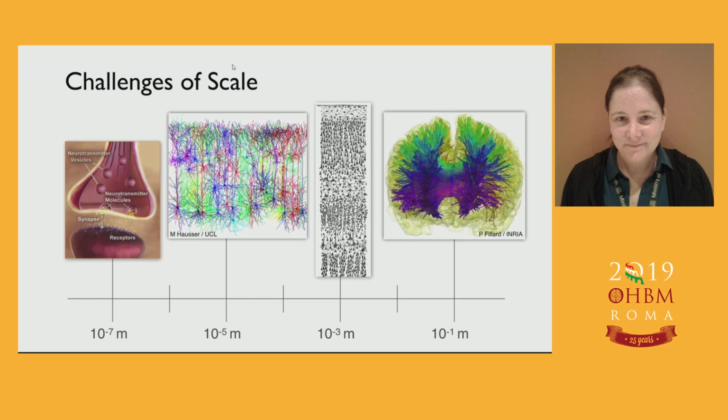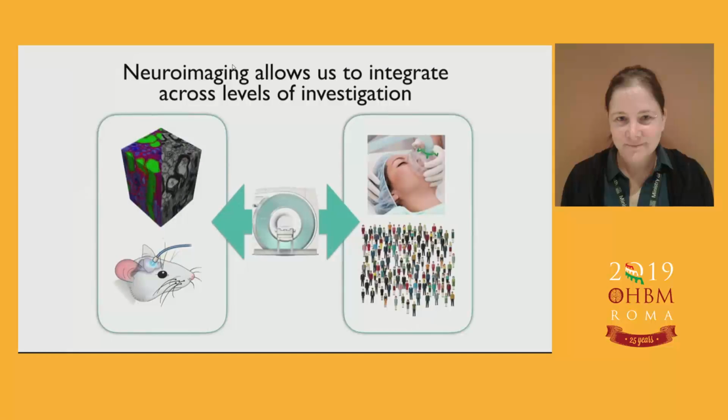We all know this. The reason why I wanted to show this is because I actually increasingly do not like showing this kind of a depiction, because it sort of places MR way at one end of what is being laid out for you as the goal. And although, of course, we are sensitive to various aspects of microstructure using MR, increasingly, we at our center like to think of it more in these terms, which is that neuroimaging is almost a completely unique tool.